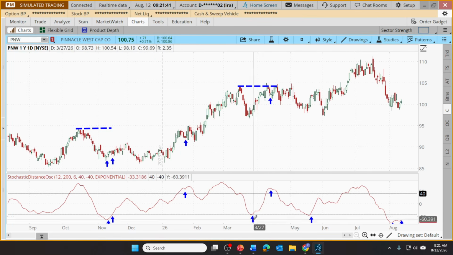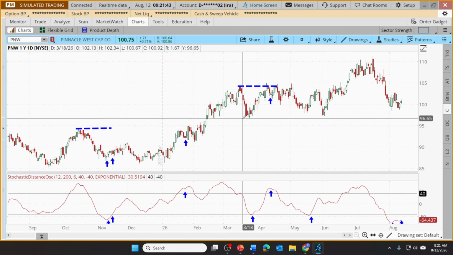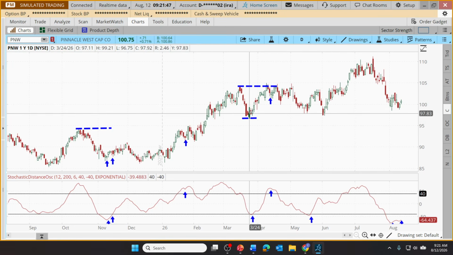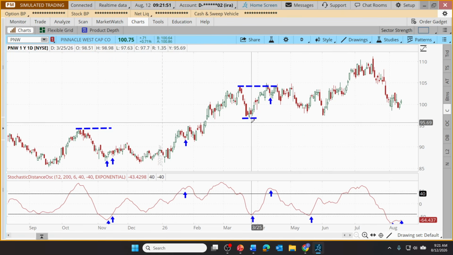So how about we take this one as an example? You can see the lowest price right before that signal was generated was right on this candle low. So maybe exiting $1 or a percentage point or two below that may be a stop management or risk management technique. Even if we place a stop order there, of course, it's not a guarantee that we will sell at a specific price. But guys, there's your quick introduction to the stochastic distance oscillator.